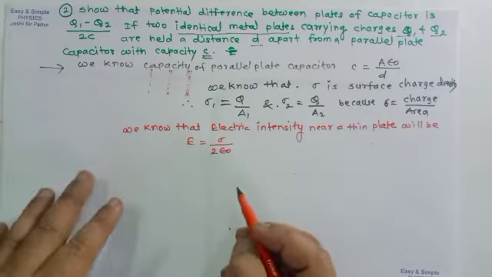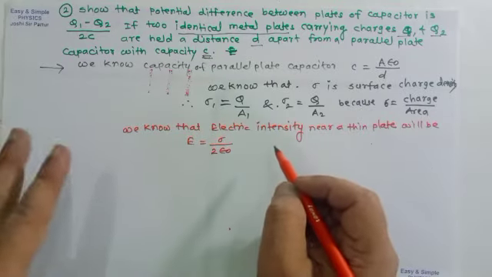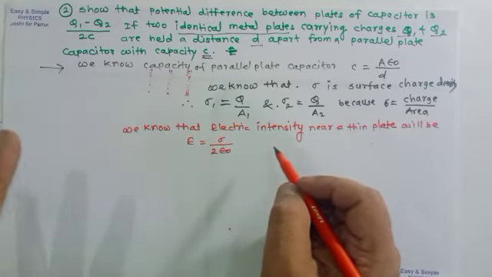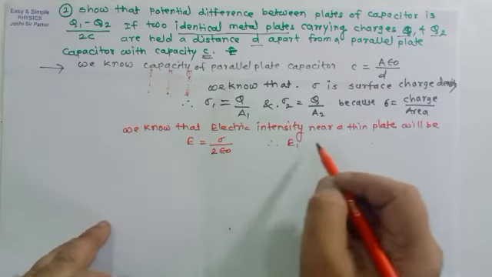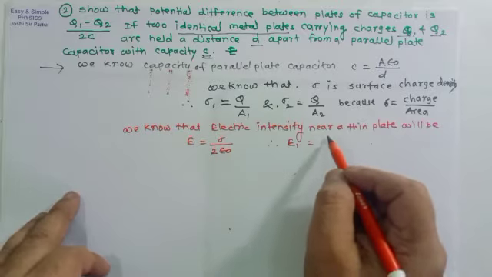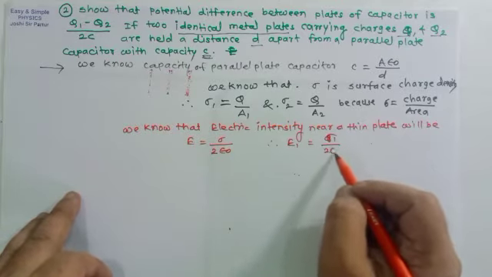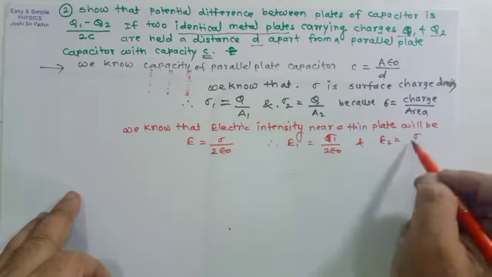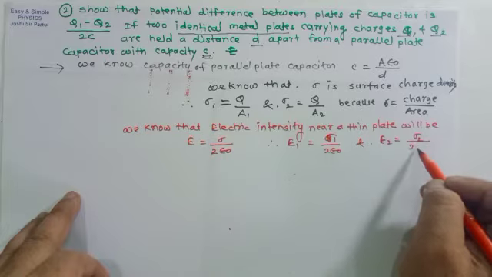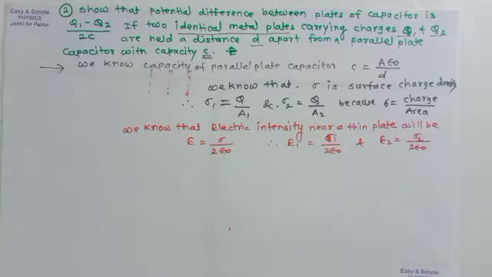So E1 and E2 will be the electric intensity: E1 for charge Q1 will be sigma 1 upon 2 epsilon 0 and E2 will be sigma 2 upon 2 epsilon 0.